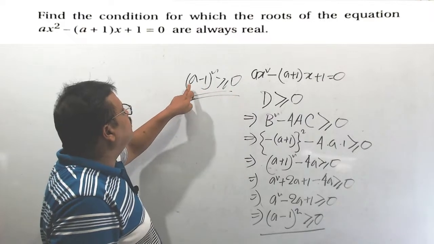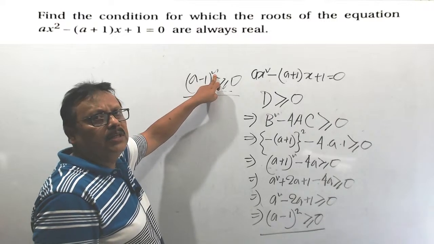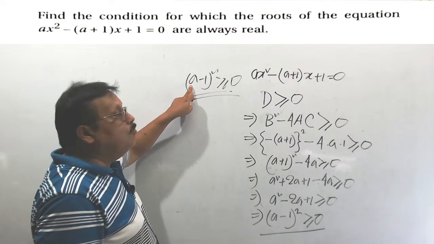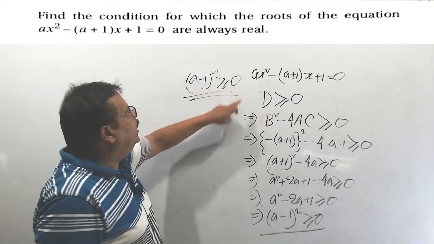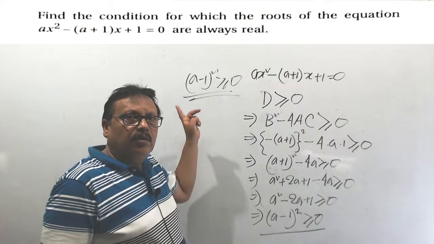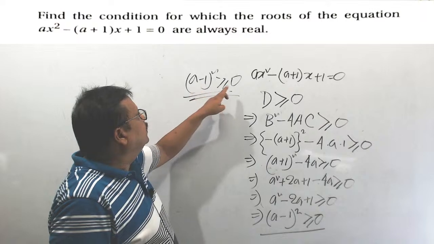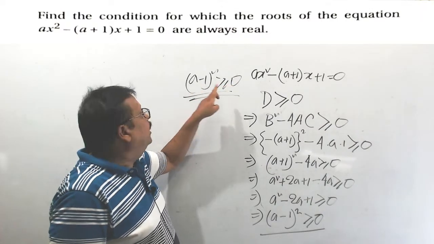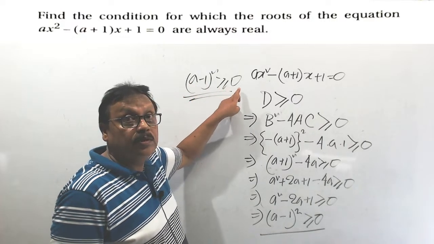If you put any negative value of a, it always returns a positive value. If you put a equal to 1, then it is 0, equal to 0. That means for all positive or all negative values of a, the greater than condition follows, and only when a is equal to 1, the equal to 0 condition follows.